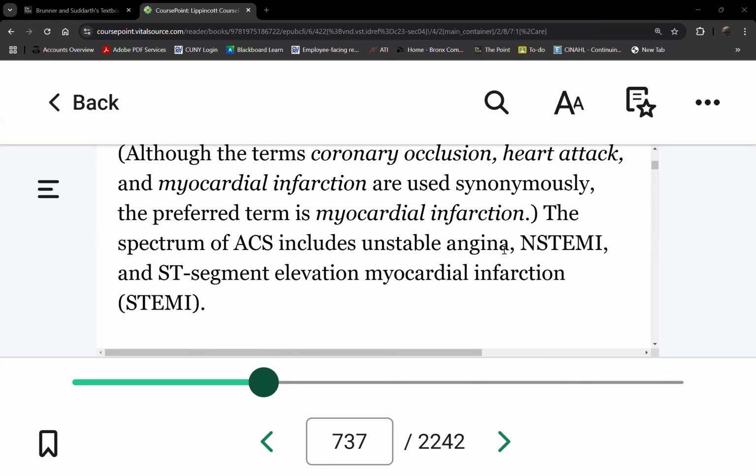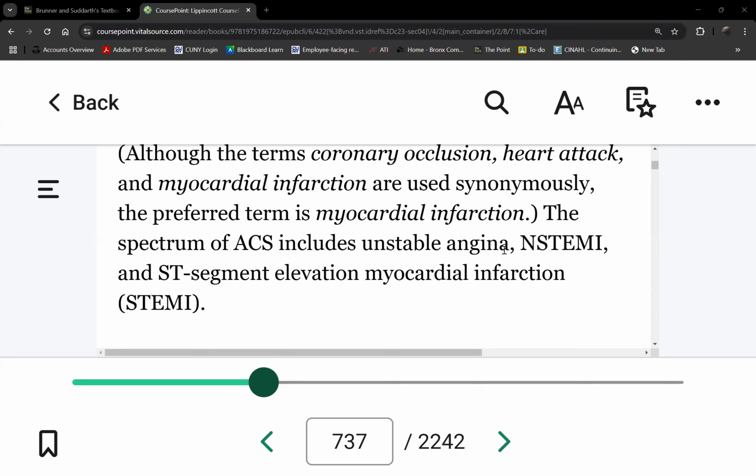Is that understood? Okay. The only way that we differentiate the three is we need an EKG in order to determine whether there is NSTEMI. NSTEMI will be reflected as ST depression, whereas STEMI obviously will be ST elevation.